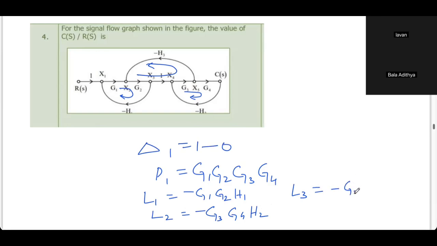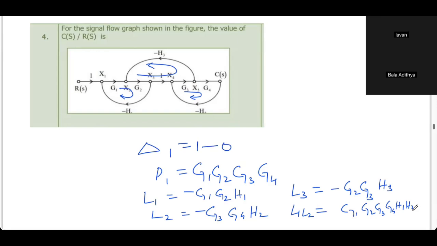Minus G2, G3, H3. And which two loops are not touching each other? L1 and L2. So L1 L2 is G1, G2, G3, G4, H1, H2.